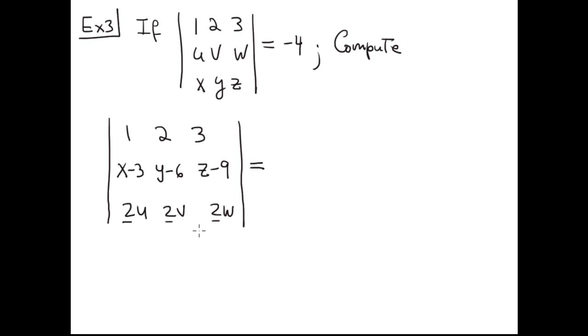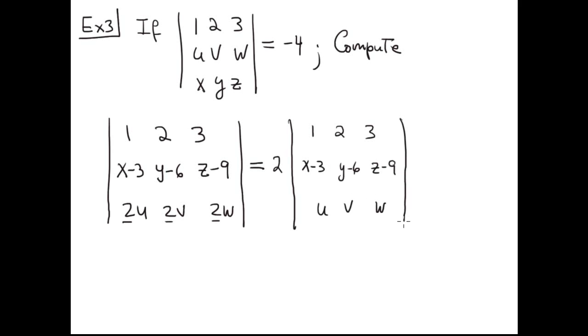It's equivalent to say, factor out this 2. 1, 2, 3, x minus 3, y minus 6, z minus 9, and U, V, W.